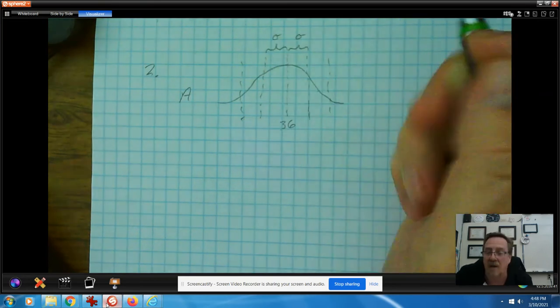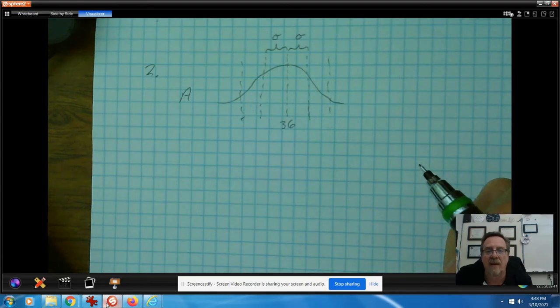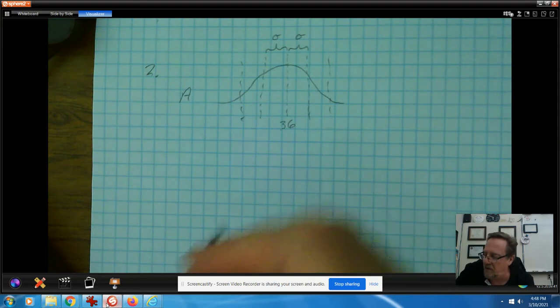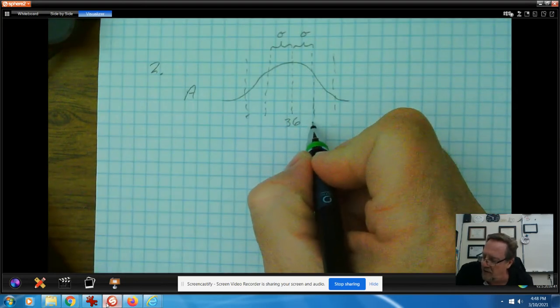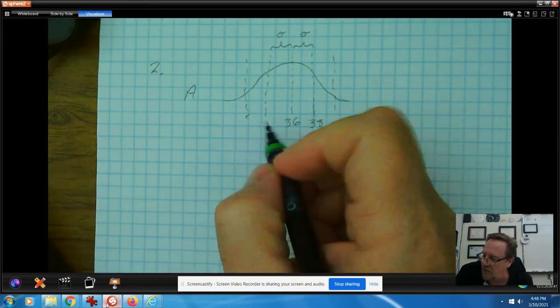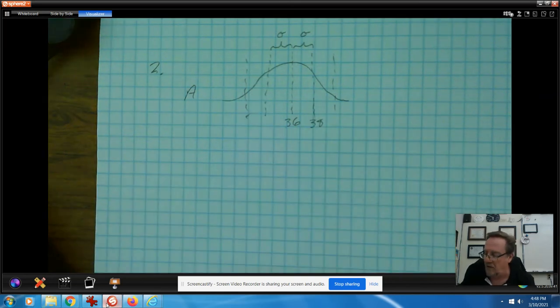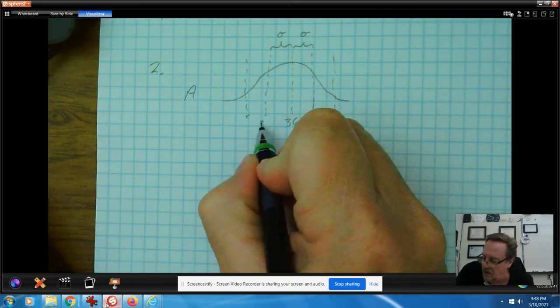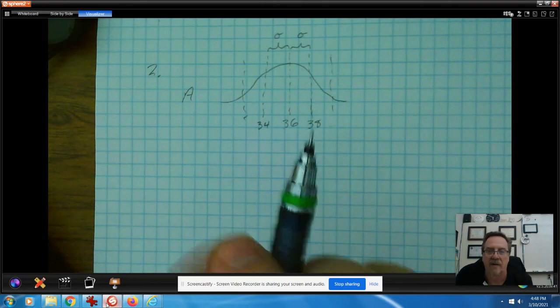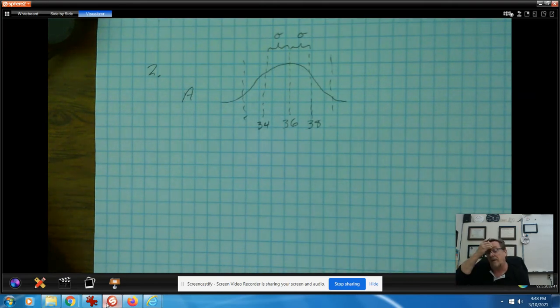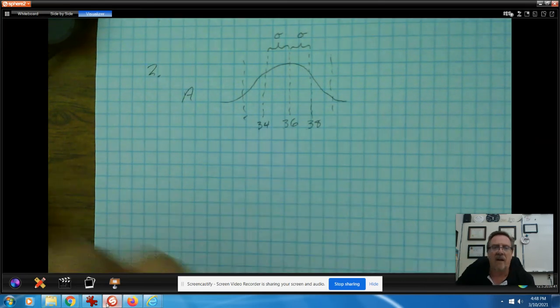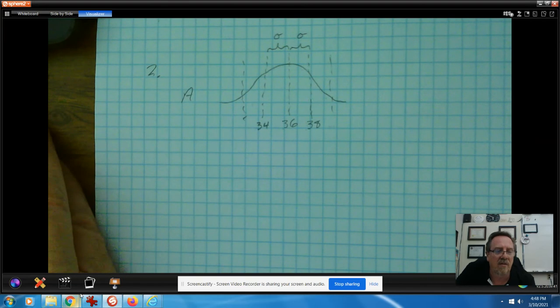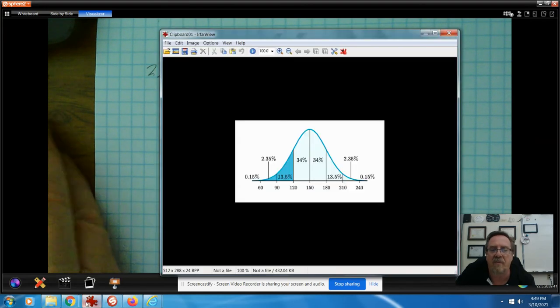And since the standard deviation was 2, 1 standard deviation above the mean would mean that's 38 miles per gallon. And 1 standard deviation below would mean this is 34 miles per gallon. And we're not necessarily going to go any further than that at the moment.